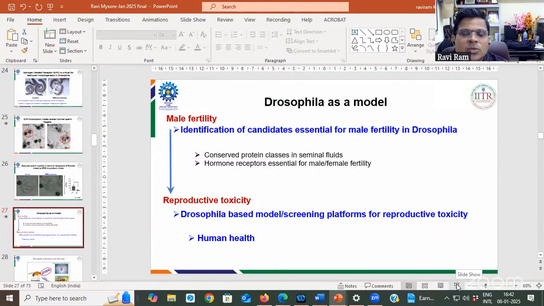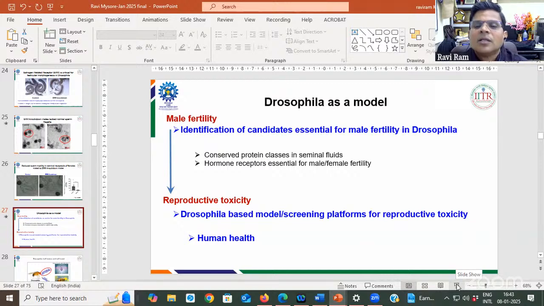Why I'm highlighting this is, when we actually started working with Drosophila as a model for reproduction or reproductive toxicity, there was a big question mark: okay, in human, you have all these hormones, hormone receptors. Do you have anything in Drosophila of a similar kind? Do they perform similar functions? So it was very essential for us to show that yes, even in Drosophila, there are seminal fluids, and these proteins, like in mammals, also regulate male fertility.